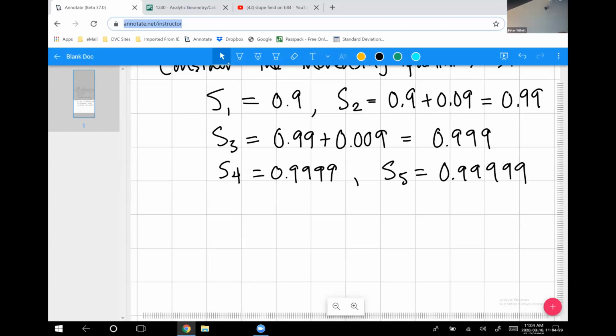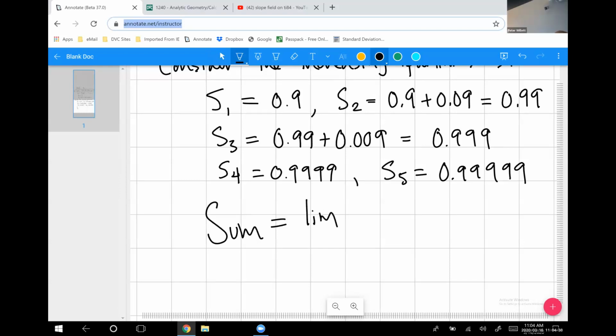So the overall S, the sum, would be equal to the limit as n tends to infinity of S sub n.